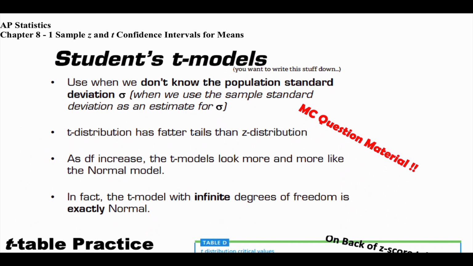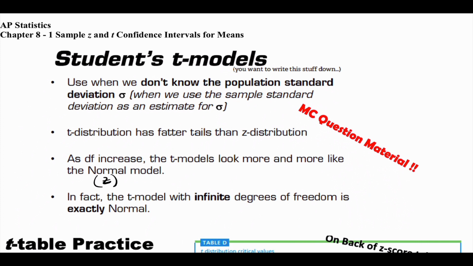As degrees of freedom increase, the T model starts to look more and more like Z, the normal. Perfect world, we'd love Z. So as degrees of freedom goes up and up, we get closer and closer to Z. We'll never get there, but we get closer. In fact, the T model with infinite degrees of freedom is exactly normal.